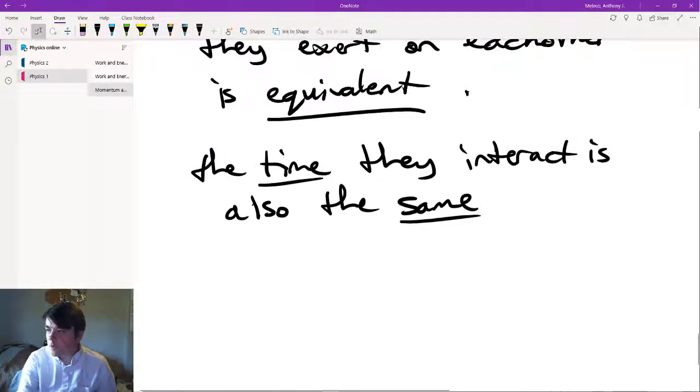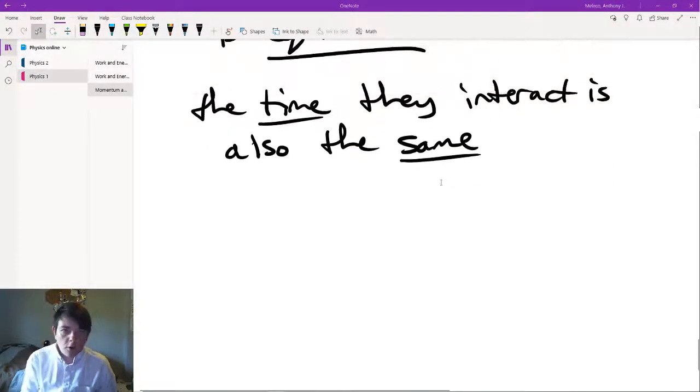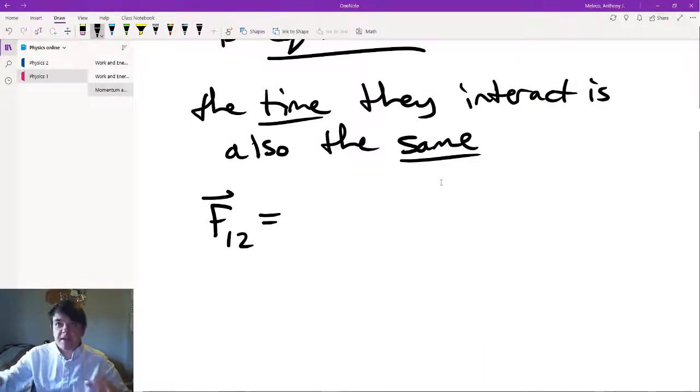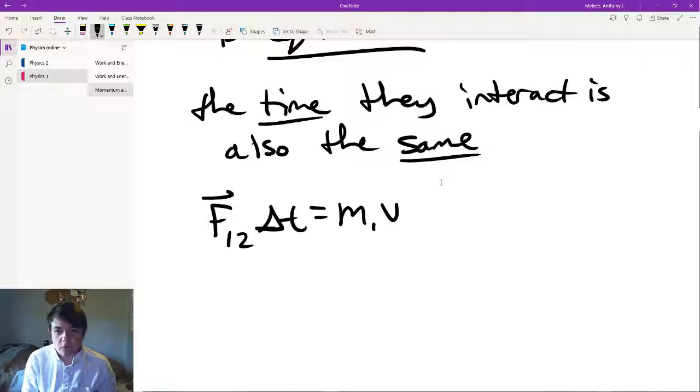So because of this, if we look at the force on object 1 by object 2, so that's the first particle, you have the second particle hitting the first one, and its time, change in time, that's impulse, right?